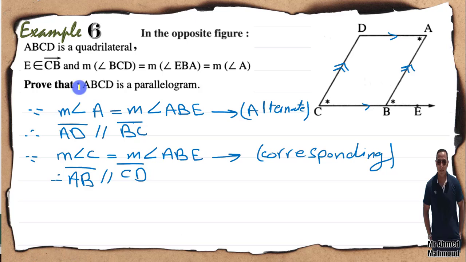So I proved that AD is parallel to BC and AB is parallel to CD.